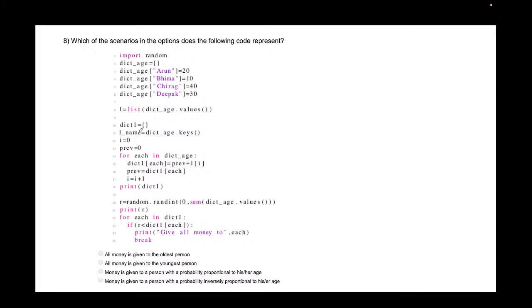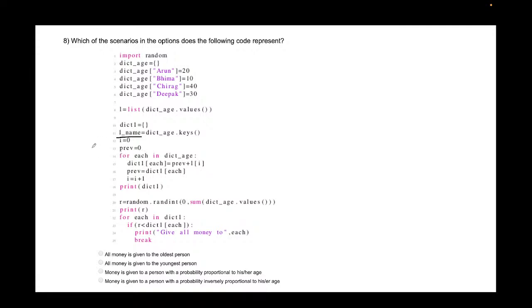That is empty, just initialized, and then an object L_name is created, which captures the keys of the dictionary dict_age. So the names are captured here in L_name, and variable i is initialized to 0 and variable previous is initialized to 0.